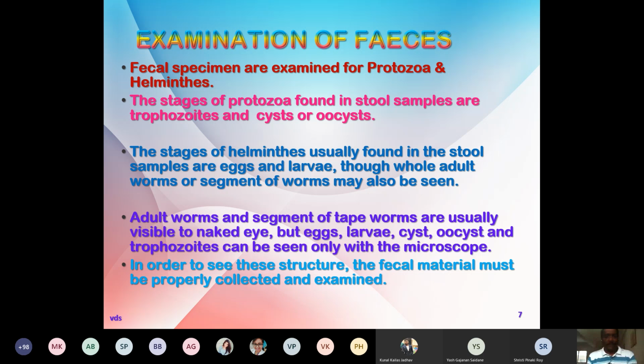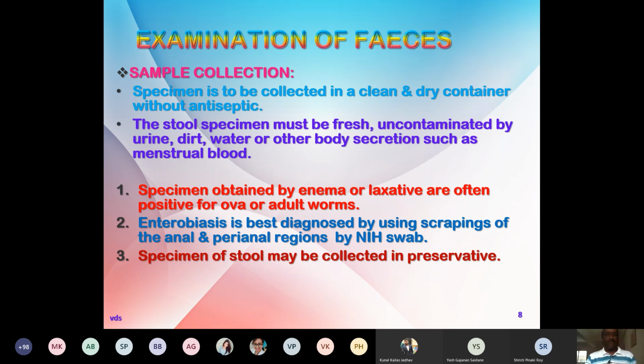Okay. Now, in order to see these structures, the fecal material must be properly collected. And so sample collection is a very important step for identification of these parasites. Now, the specimen is to be collected in a clean and dry container without antiseptic.